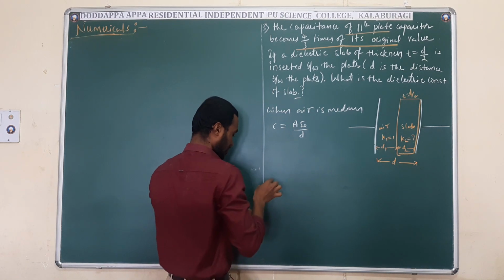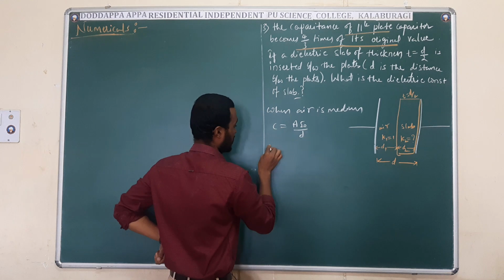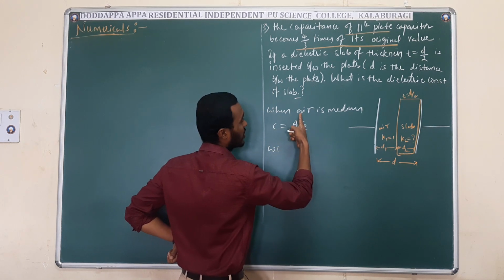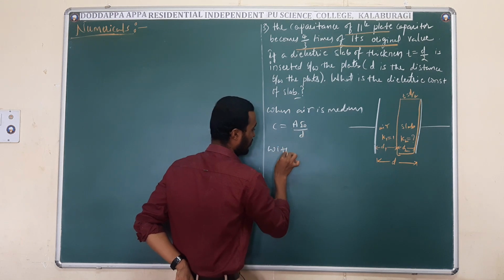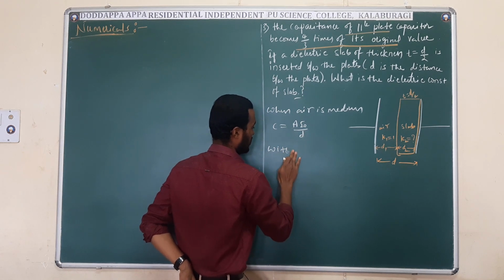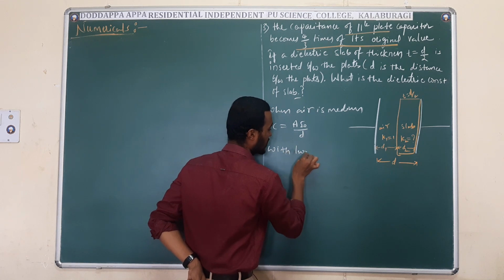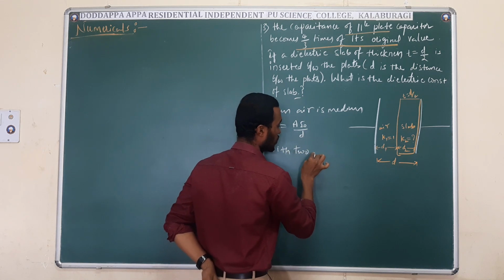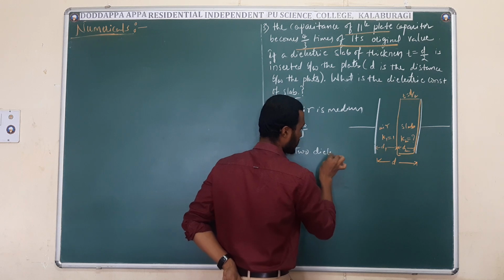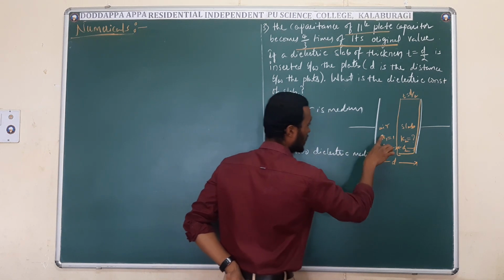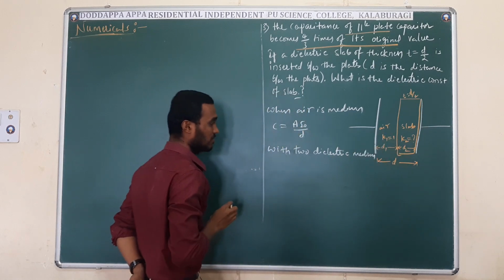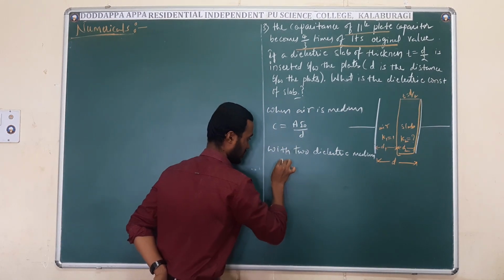With the air medium, C is equal to A epsilon by d, as we have written here. Now concentrate here, it is very important. With two dielectric mediums, one is air and another one is the slab, our formula is C dash.